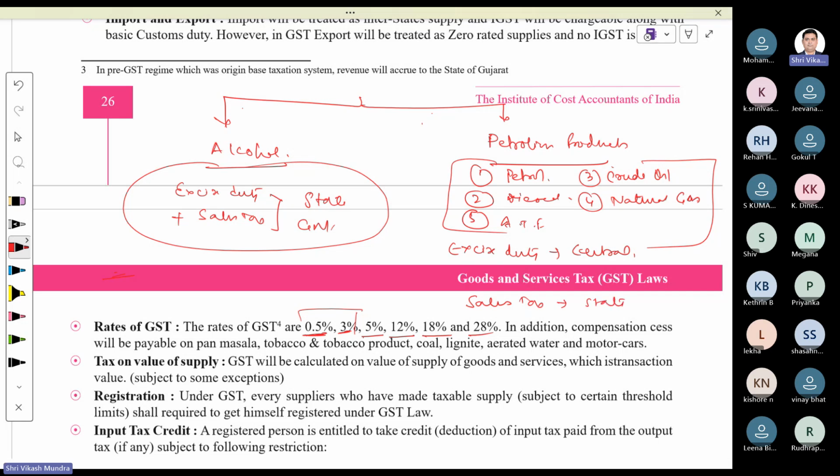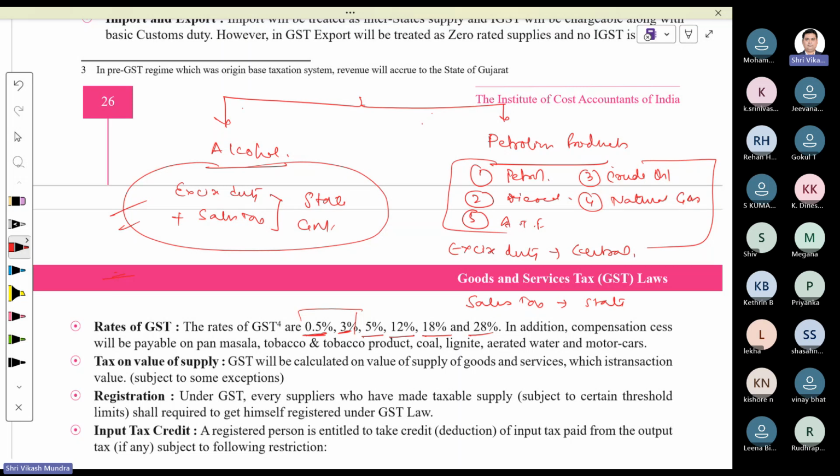However, whenever the government finds, yes, we are ready to levy GST on these five petroleum products, they will issue a notification, and from the date notified by them, GST is applicable on these five petroleum products. However, in case of alcohol, it is not through notification that they will start levying GST on alcohol products. For this, we need to amend the constitution again. This is the biggest hurdle.